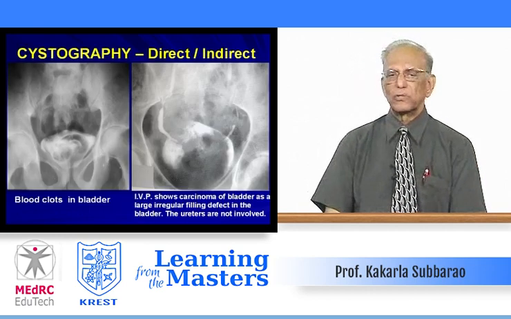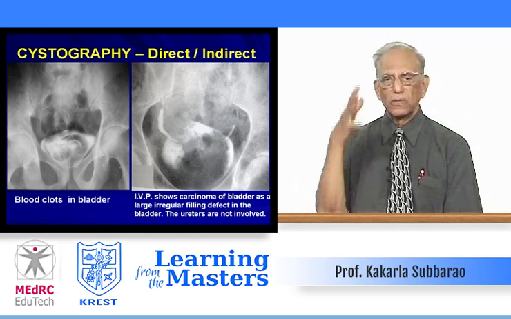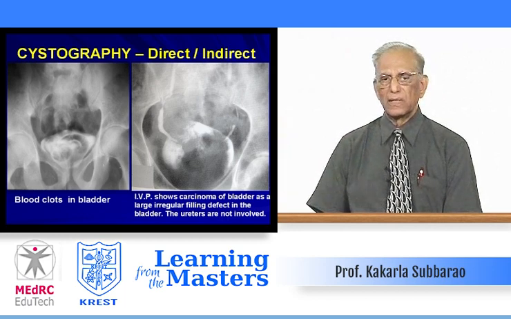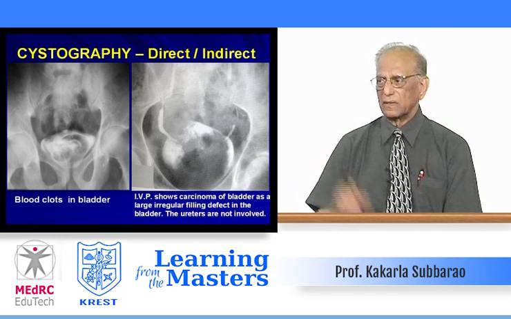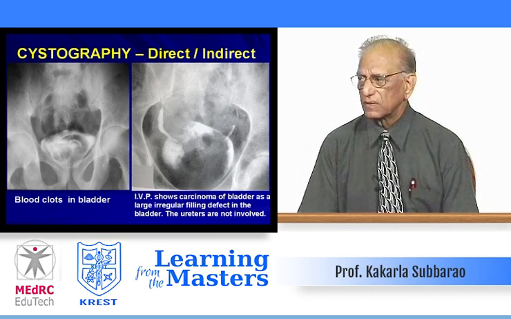Bladder examination, cystography, either direct or indirect. Indirect, by doing IVP late films, you can study the bladder. Note on your right side, extensive neoplasm involving the bladder wall, and then on the right side of the film, you see blood clots in the bladder producing multiple filling defects.